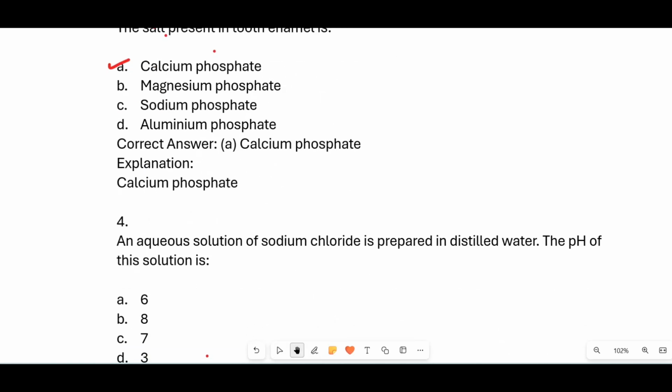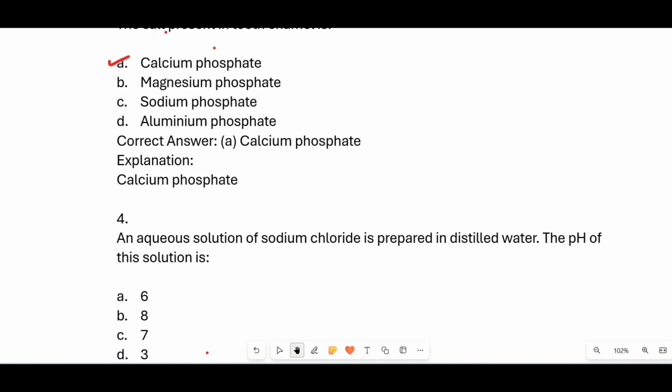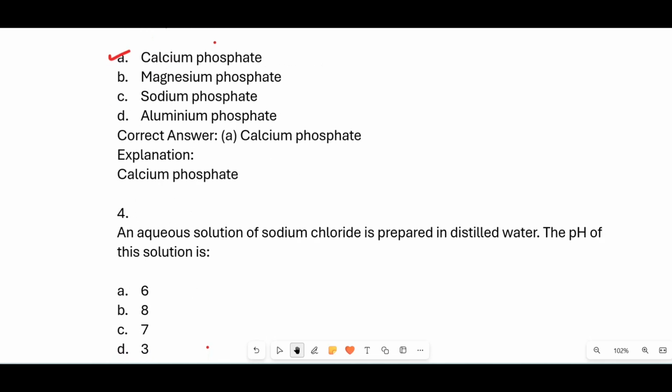An aqueous solution of sodium chloride is prepared in distilled water. The pH of the solution is? Sodium chloride, NaCl, is a neutral salt. So its parent acid and base: Na comes from NaOH, and the Cl is coming from HCl.